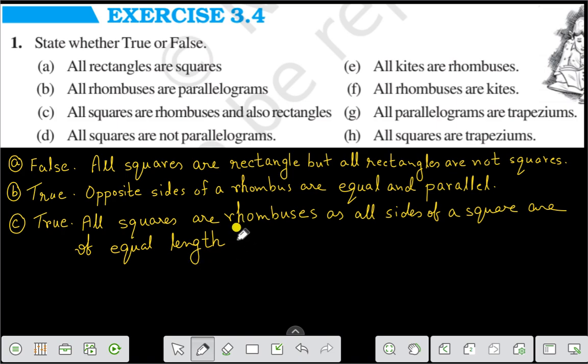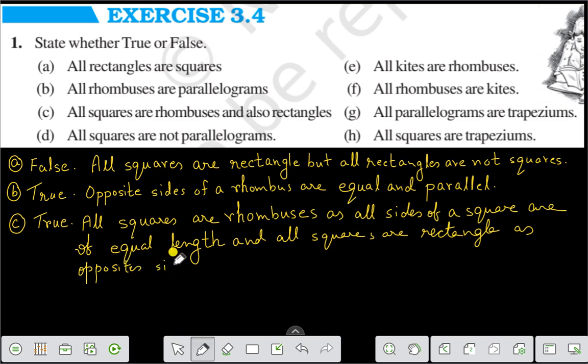And also all squares are rectangles, as opposite sides are equal and each angle is 90 degrees.